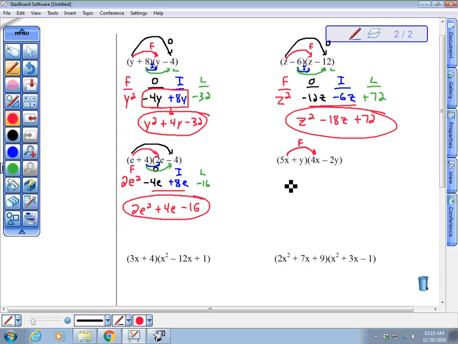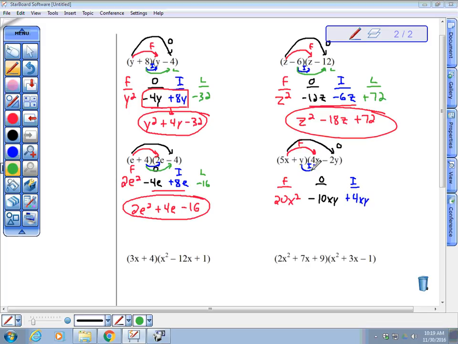It's the first terms multiplied together to get 20x squared. And then the 5x continues to be distributed throughout to get a minus 10xy. And then your inside terms is y times 4x, which is going to be a plus 4xy.